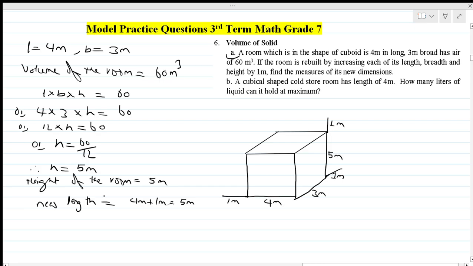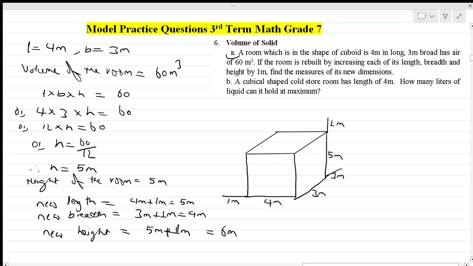So the new length is 5 meter. The new breadth: the breadth was 3 meter originally and 1 meter is added, so the new breadth is 4 meter. The new height: the original height was 5 meter, so with 1 meter increase the new height becomes 6 meter.